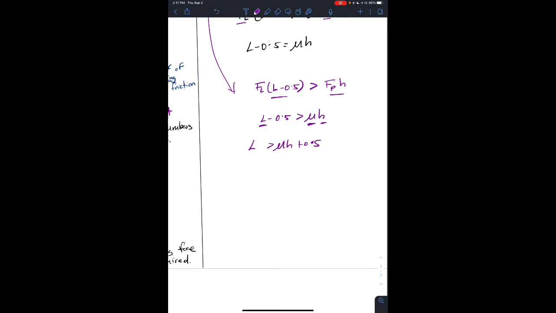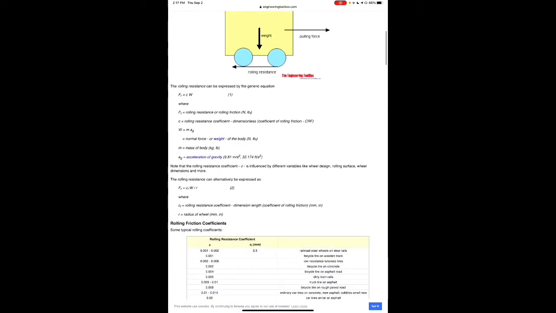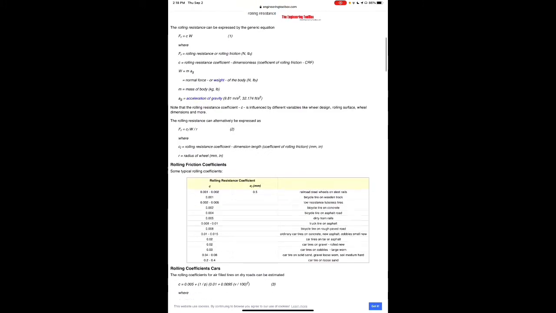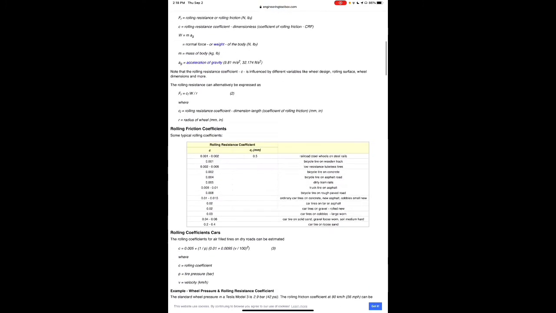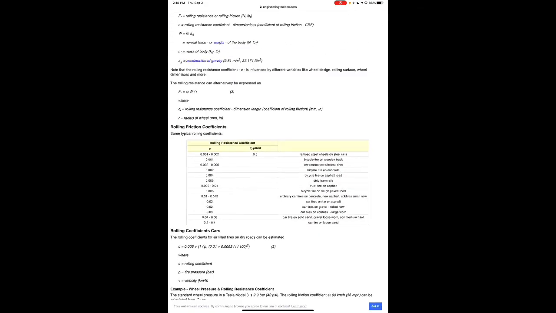To get mu, we could go to the internet. Remember, mu is the coefficient of rolling friction. There are sites such as the Engineering Toolbox that give some basic charts, but nothing here speaks of a caster wheel.